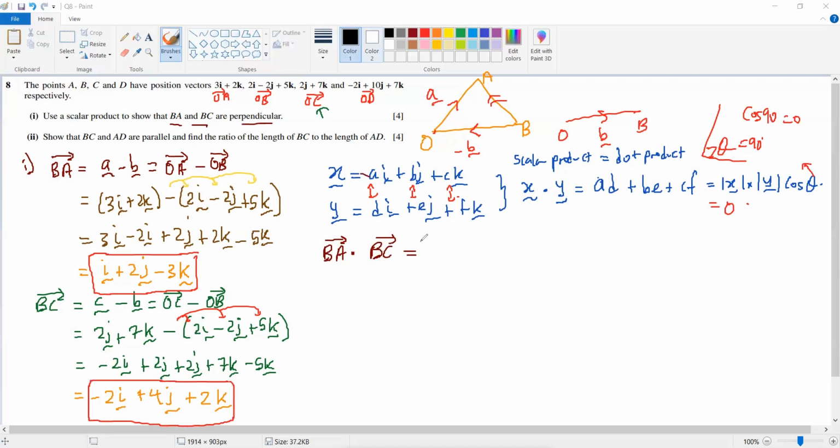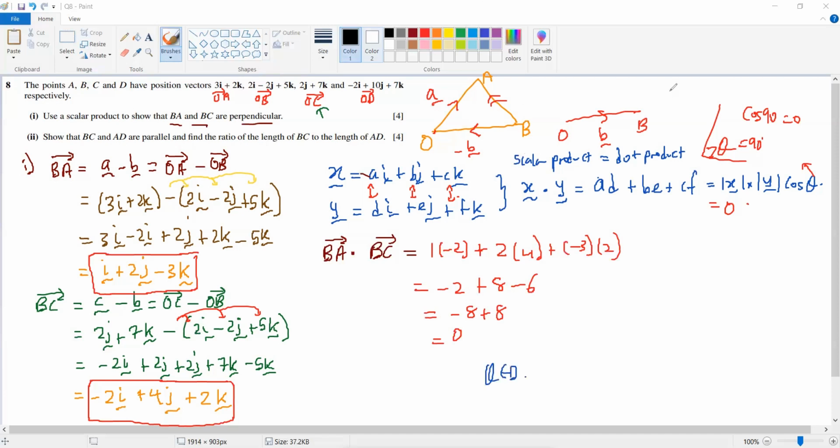So coefficient of I, 1 and -2. Second one, 2 before the J, this is 4. Then plus -3 in front of the K, here is 2. Plus 8 minus 6. So easy to see that it's becoming -8 plus 8 or 0. So hence the two vectors are perpendicular. QED.